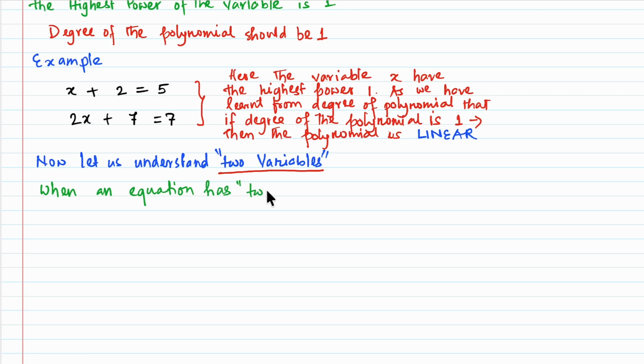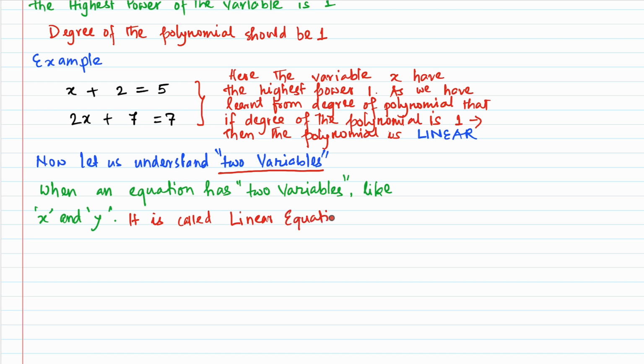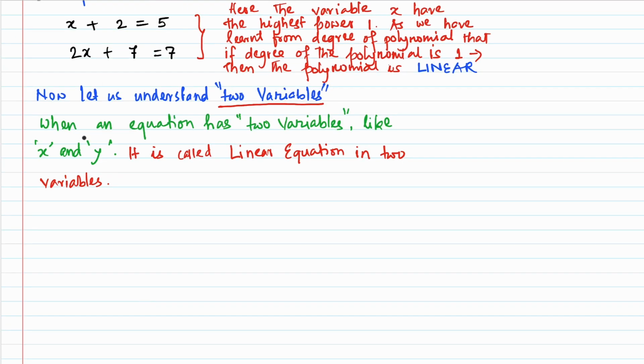When an equation has two variables like x and y, it is called a linear equation in two variables. So we call it a linear equation with two variables.